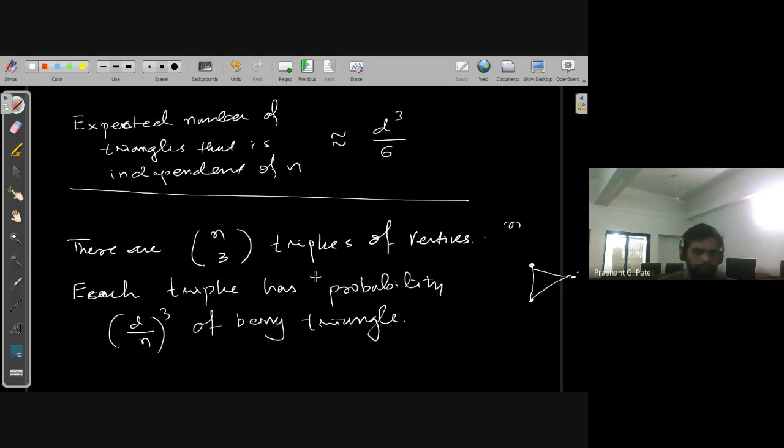Let us consider one variable that we need to fix. I am fixing i, j and k as the vertices. I'm just making this a notation.